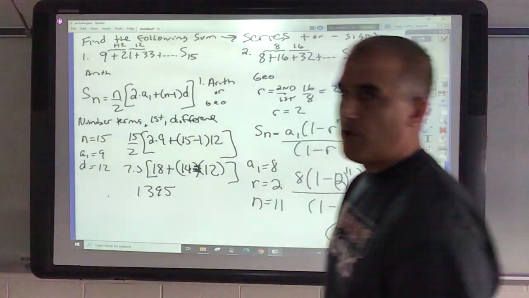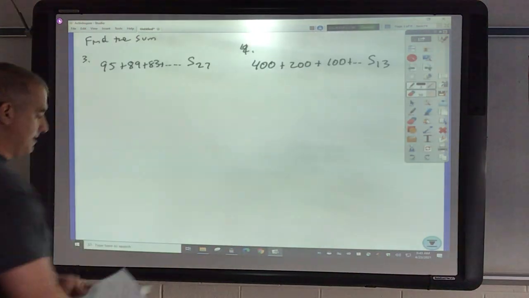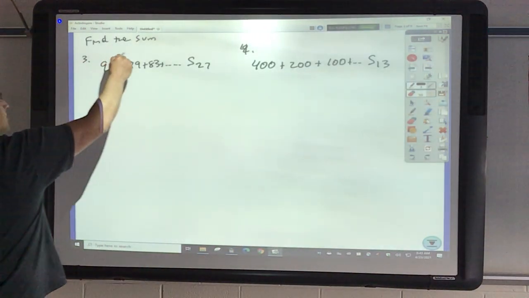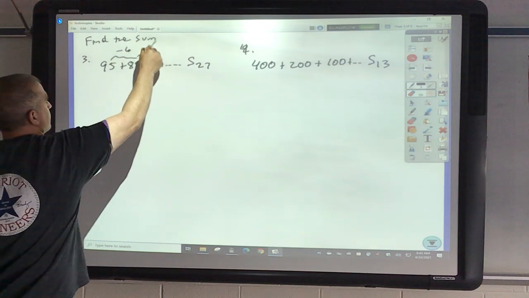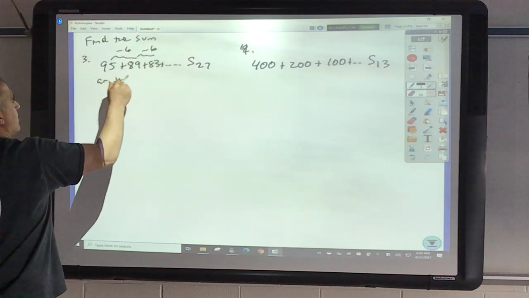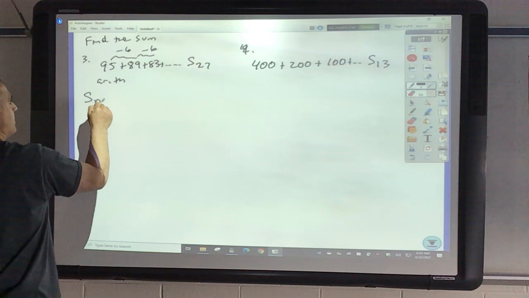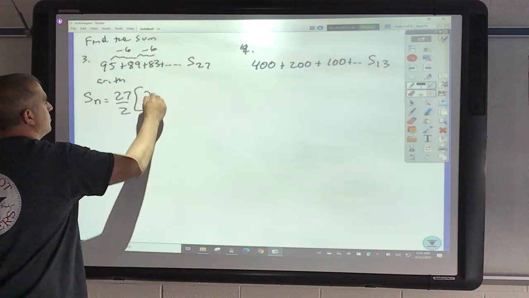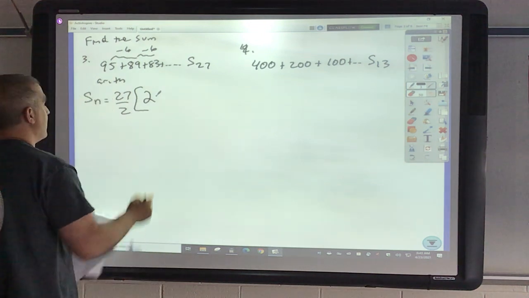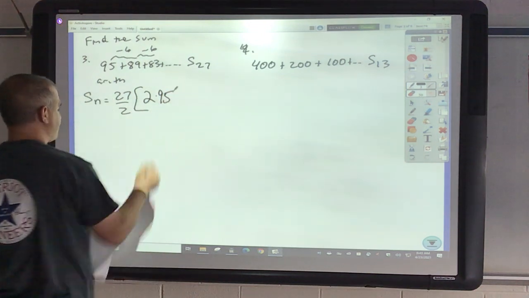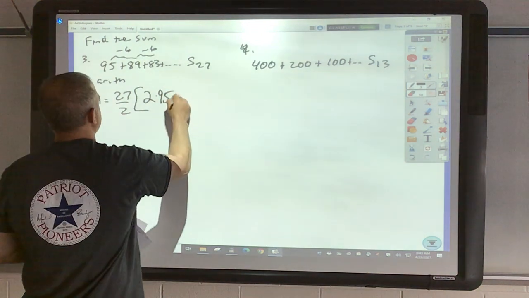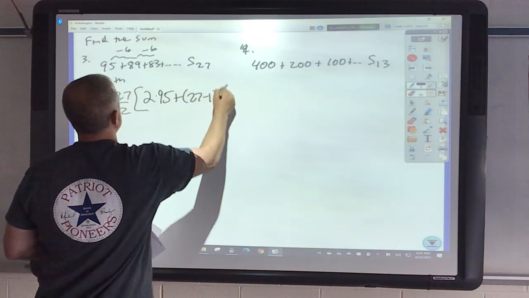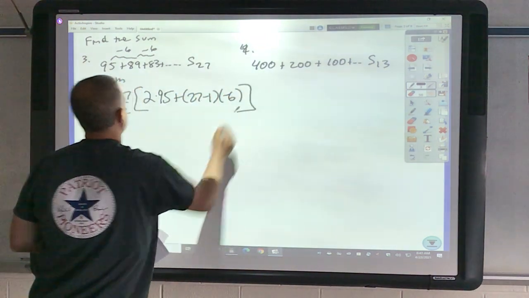Let's do two more together. This one is going to be a difference of 6, difference of 6. So this is arithmetic. So Sn equals 27 over 2 times 2 times my a1, which is 95, plus 27 minus 1 times negative 6.